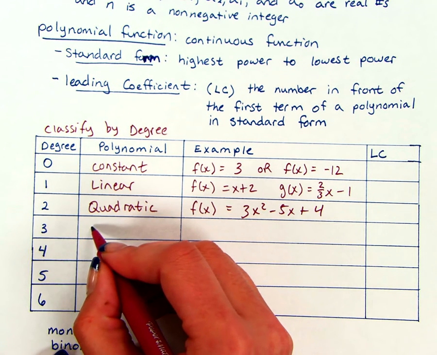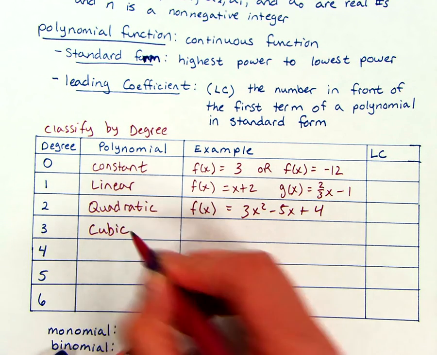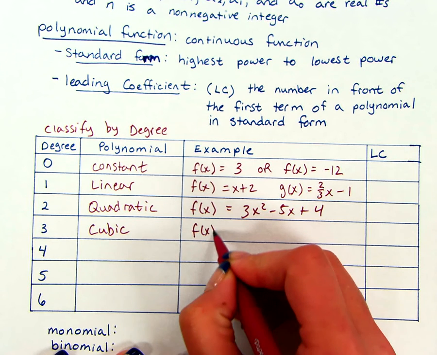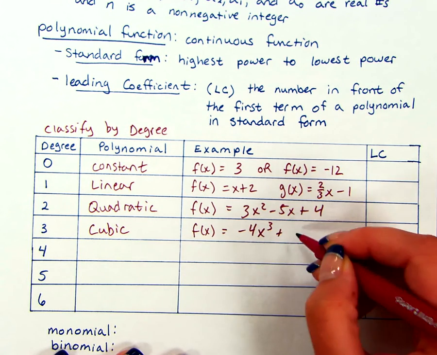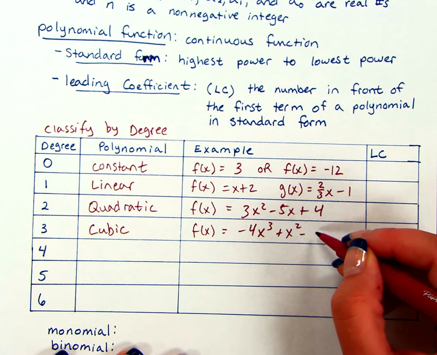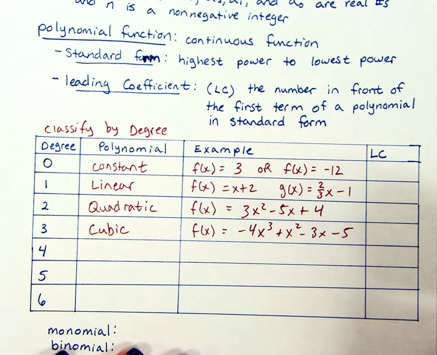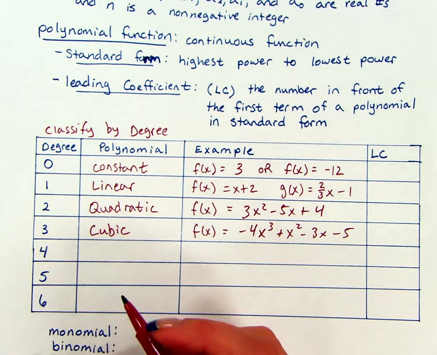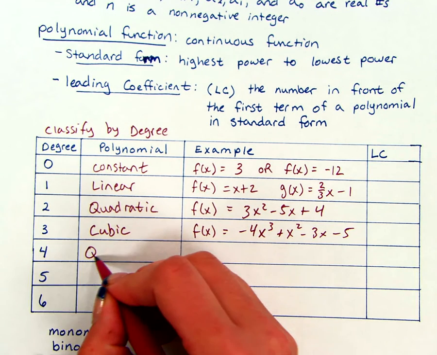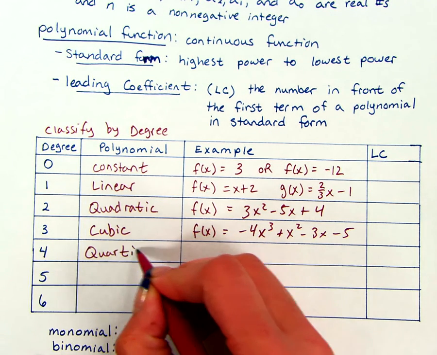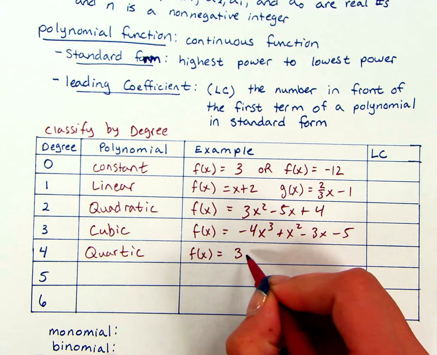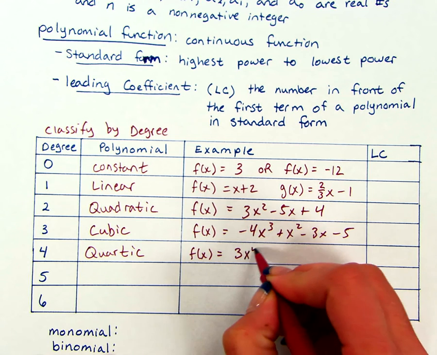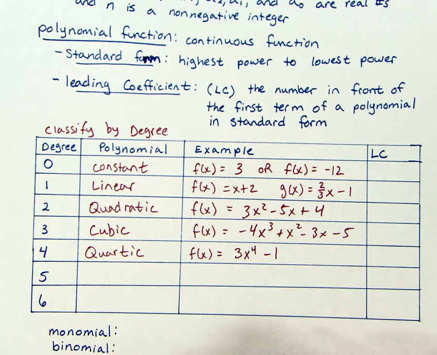If the highest degree is 3, we call that a cubic, something like f of x equals negative 4x cubed plus x squared minus 3x minus 5. And if our highest power is 4, that is a quartic equation. f of x equals 3x to the 4th minus 1 could be an example. We can have other terms in here, but we don't have to.